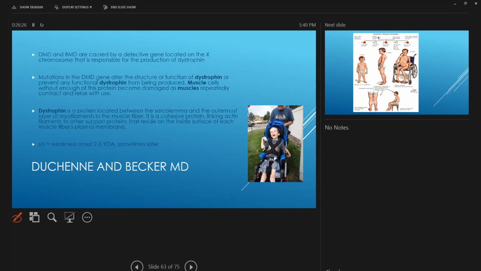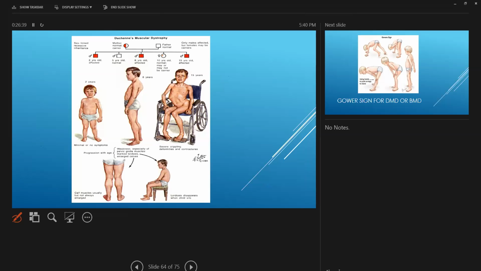So it's this progressive weakness at the onset of 2 to 3 years of age, and that's the Duchenne and Becker muscular dystrophies. So here's like a Netter drawing on this. You can see just how contorted this poor kid is, and this is kind of the development. So at 2 years, minimal or no symptoms, and then by the age 15, I mean, the kid's in a wheelchair. So it's just terrible.